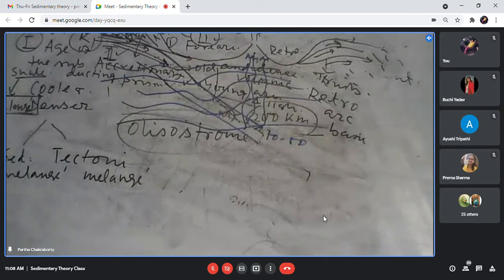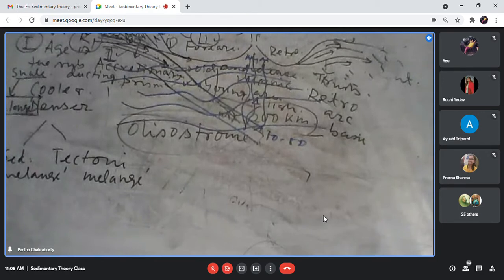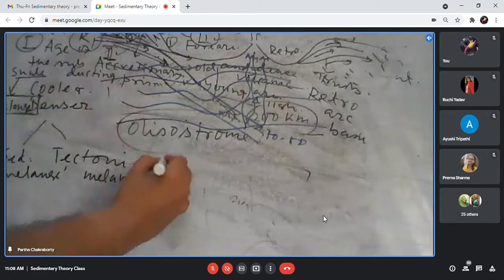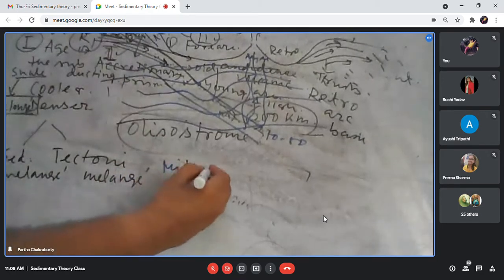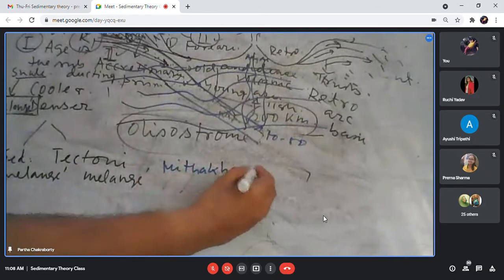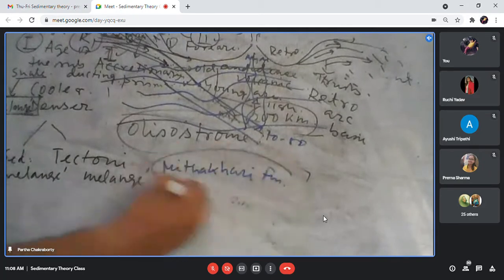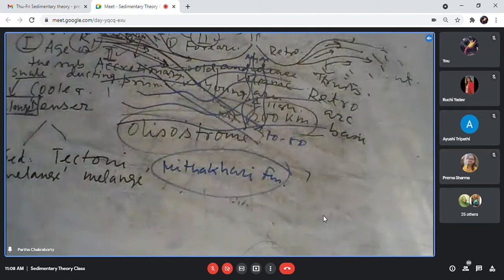All the grains are of basalt, ultramafic and carbonate. One example of this kind of basin that I can give you is in the Andaman stratigraphy, you will get the Mithakari formation, which is this kind of a trench slope basin and is getting filled by the sediment from the thrusted block.